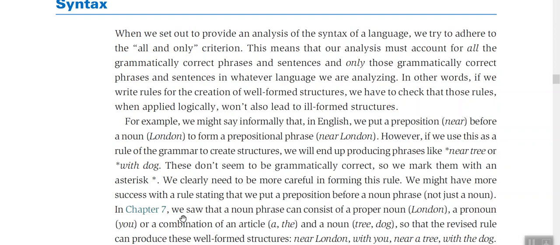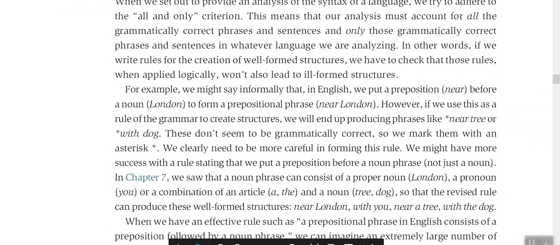Remember we talked about noun phrase in chapter number 7. Here, if you remember, a noun phrase can consist of a proper noun like London, a pronoun like you, or a combination of an article, a, the, and a noun, tree, dog, so that the revised rule can produce these well-formed structures. Near London. With you. Near the tree. With the dog.